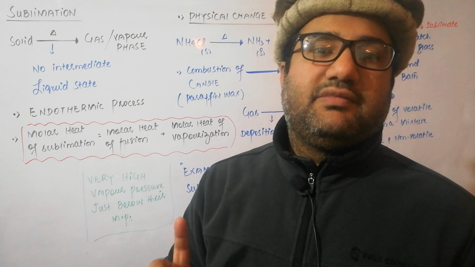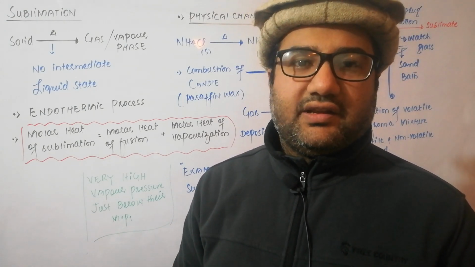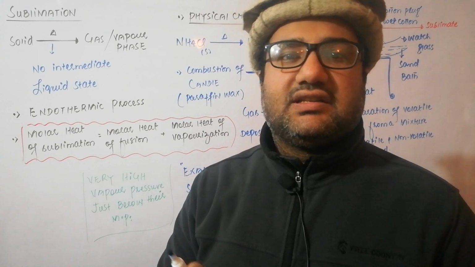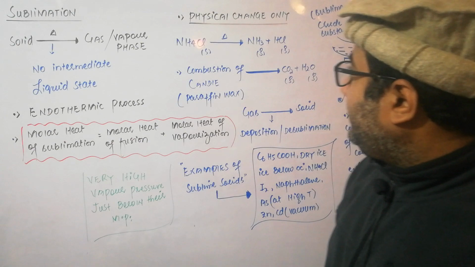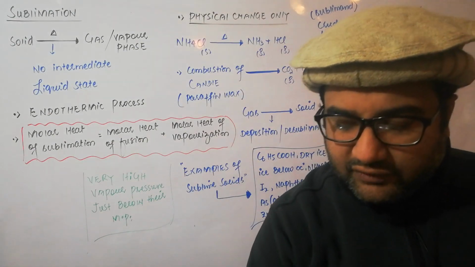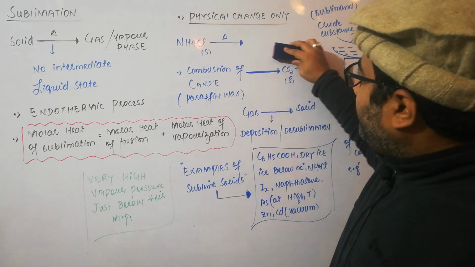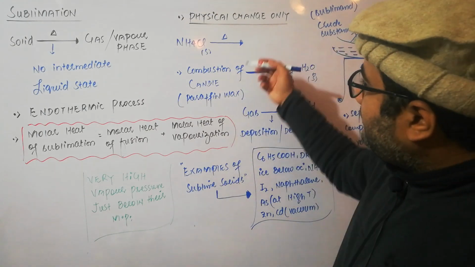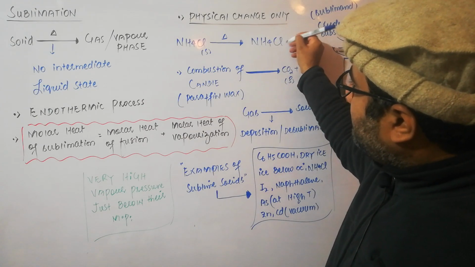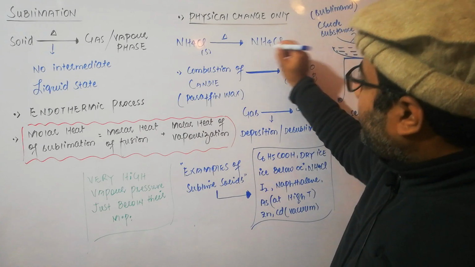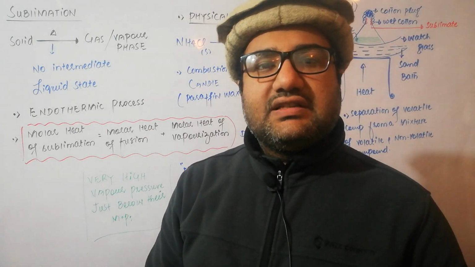This will not be sublimation, because sublimation is only a physical technique in which only the physical state changes, but there is no change in the composition of the substance. So in the case of NH4Cl, sublimation would actually be heating the ammonium chloride solid and changing it to ammonium chloride gas. So composition should not change, only the physical state should change.